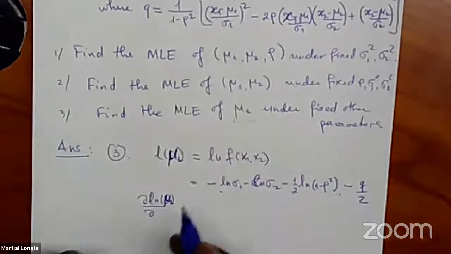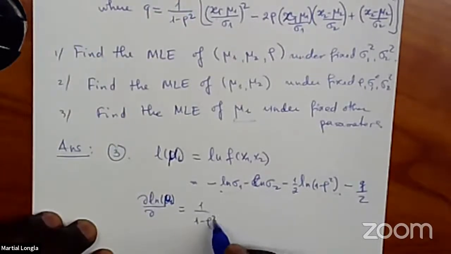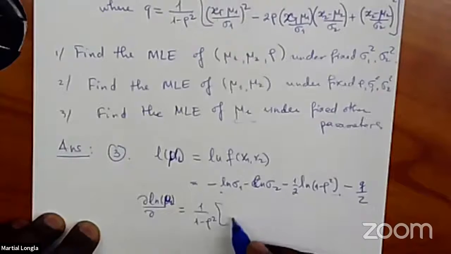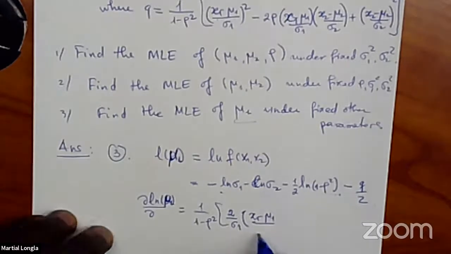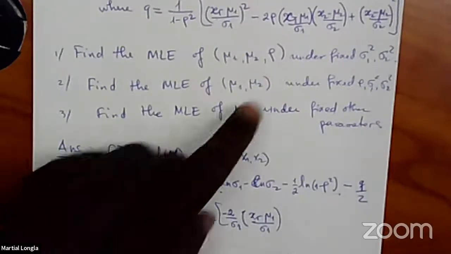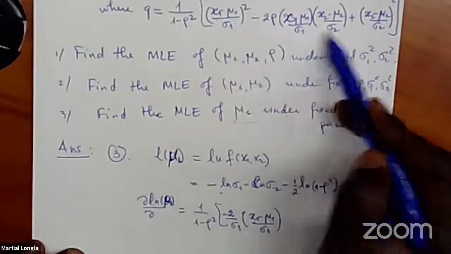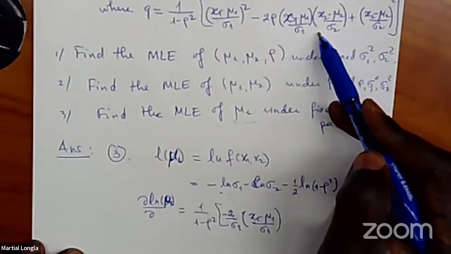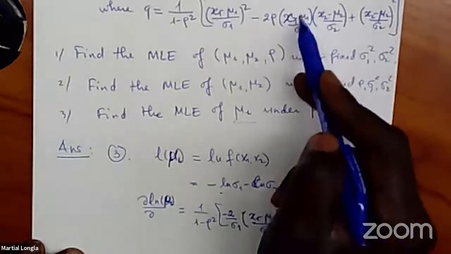And where you have that mu1 is right here. So that derivative is going to be 1 over 1 minus rho squared, and then you take the derivative, you get 2 over sigma 1 times x1 minus mu1 over sigma 1. Then you take the derivative here. When you take the derivative here, what happens? This is a constant, and 1 here turns into negative 1.